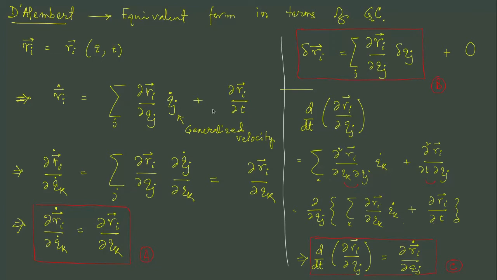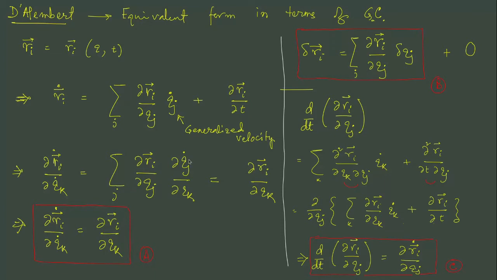So in this equation, if we take a partial derivative with respect to qk dot, the kth generalized velocity, then what we get is del Ri del qj from the previous expression. The derivative with respect to qk dot does not act on this because Ri is not a function of qk dot. And remember, q's are independent.